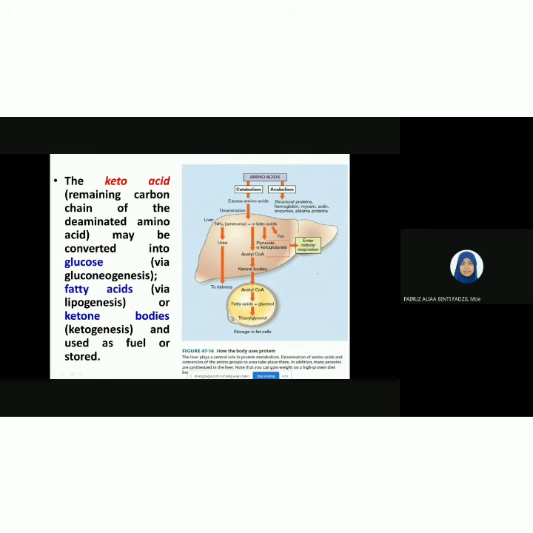In this lecture, the keto acid, for example alpha ketoglutarate, may be converted into glucose, and also may be converted into fatty acids, and also into ketone bodies. All these can be used as fuel.